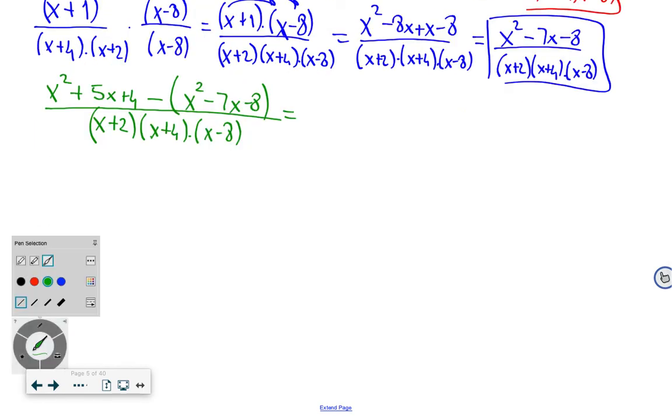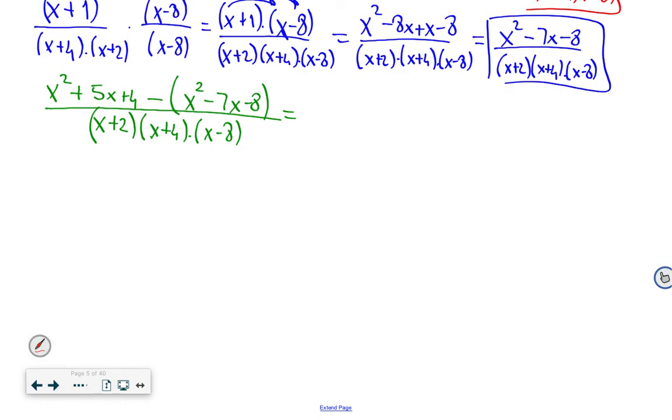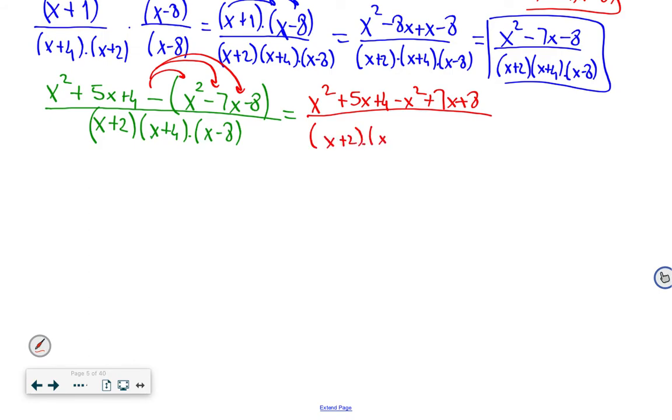If you combine the like terms, after distributing the negative into the second parenthesis, x squared plus 5x plus 4 minus x squared plus 7x plus 8 over x plus 2 times x plus 4 times x minus 8.